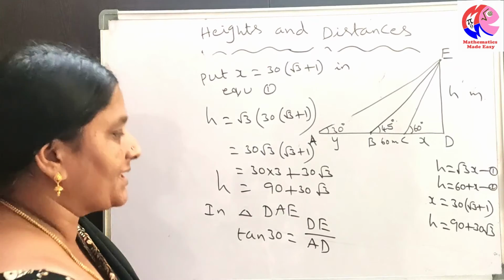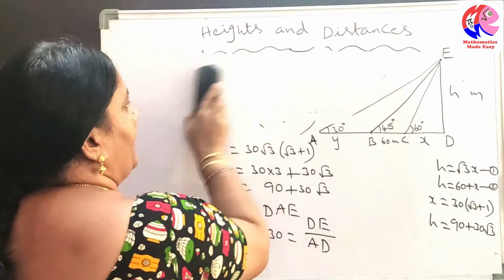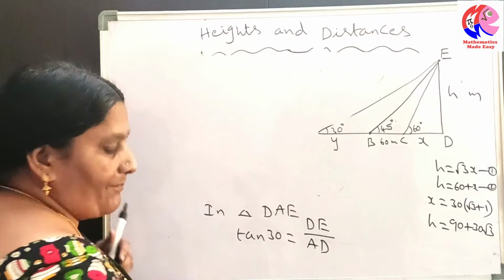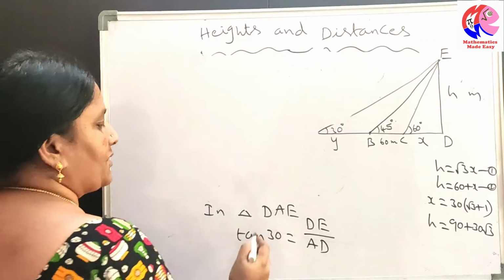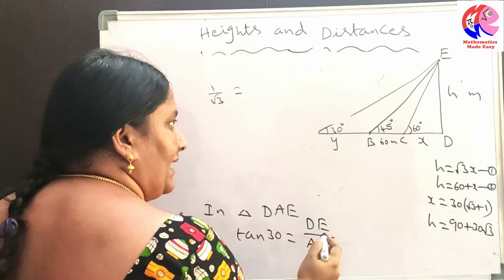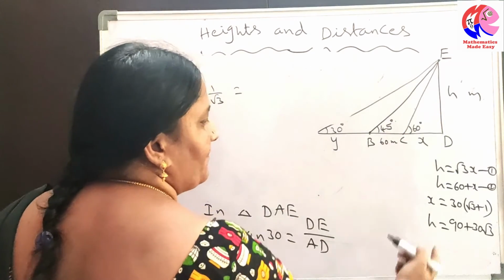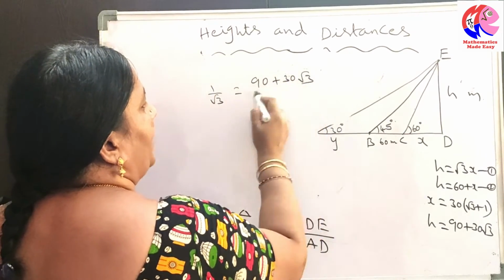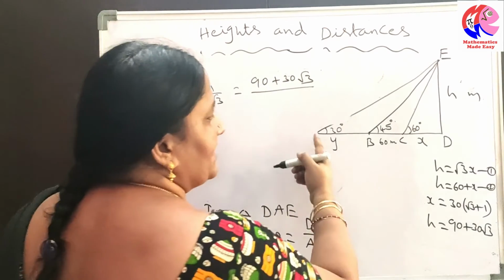Then tan 30 is equal to DE by AD. But we know that tan 30 value is 1 by root 3. So LHS is 1 by root 3 is equal to DE, DE is nothing but h, which we calculated, it is 90 plus 30 root 3 by, the denominator is AD.